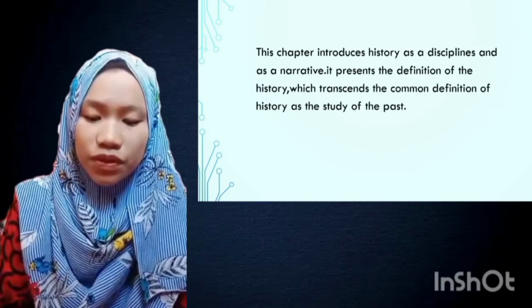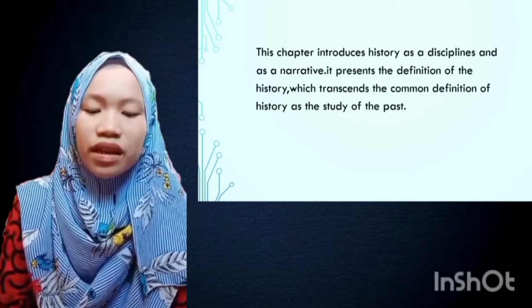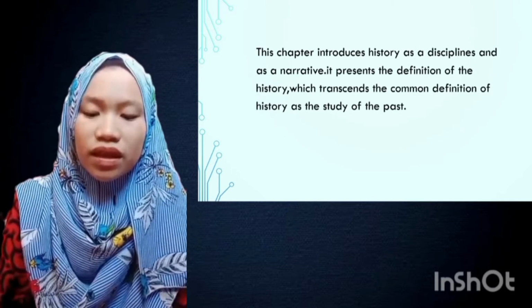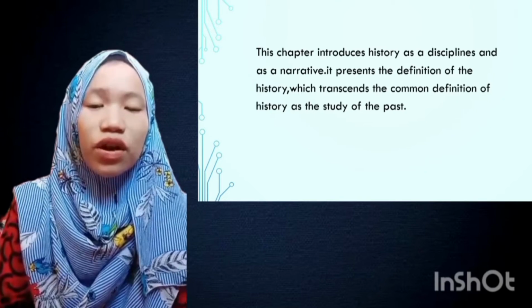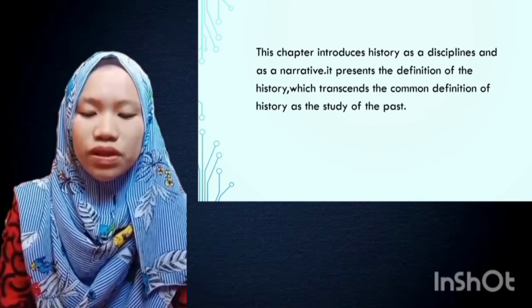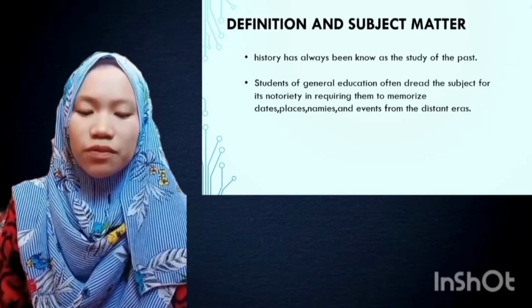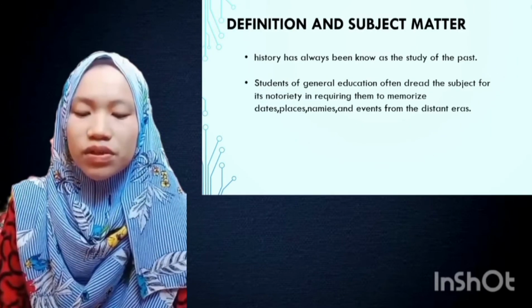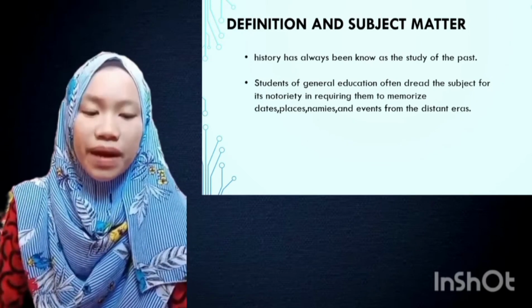This chapter introduces history as a discipline and a narrative. It presents a definition of history which transcends the common definition of history as a study of the past. Definition and subject matter. History has always been known as a study of the past.